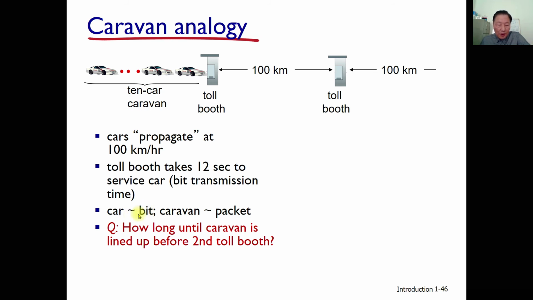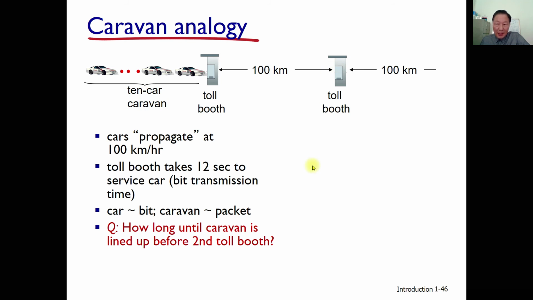You can think of this one as a bit, and the caravan is aggregated bits, and that is a packet. Then we can think how long it takes to be transmitted to here, lined up here. Thus this one is serviced here. After that, it is driving here, and finally it will be lined up here.